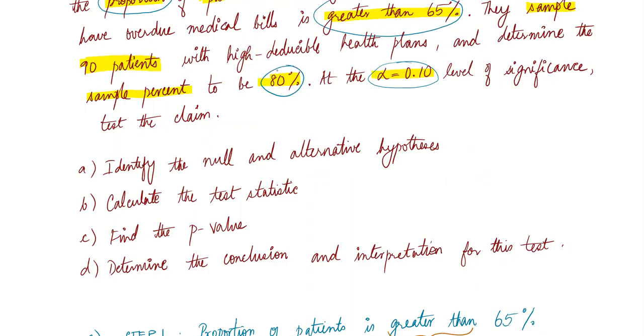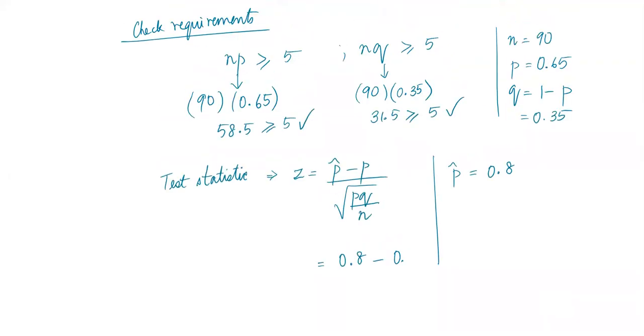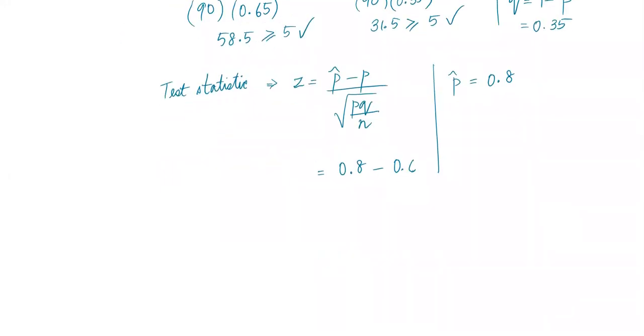So P hat is 80%, so P hat is 0.8. So that's 0.8 minus P, we just saw that here, right? P is 0.65, divided by square root of 0.65 times 0.35 all over N is 90.